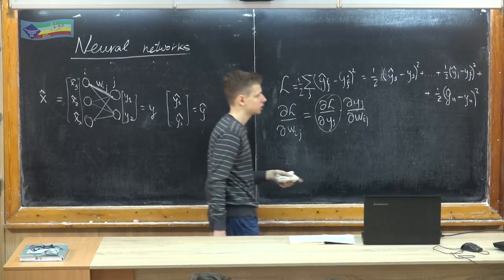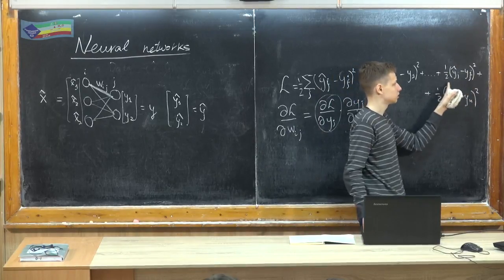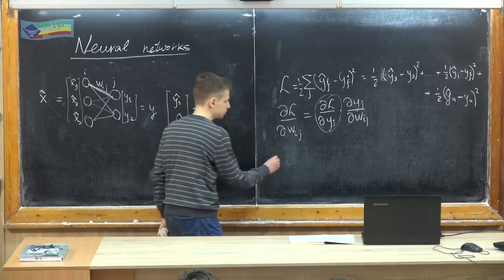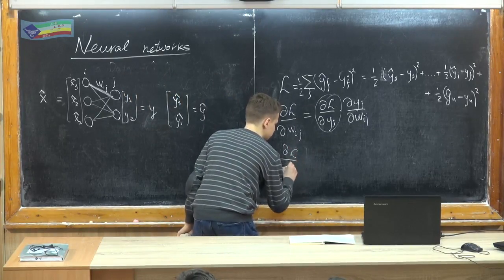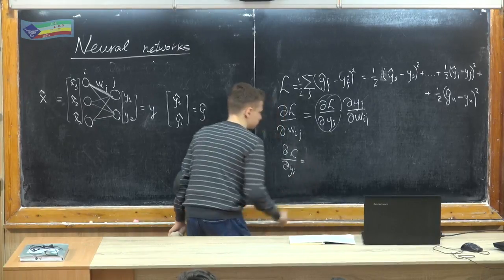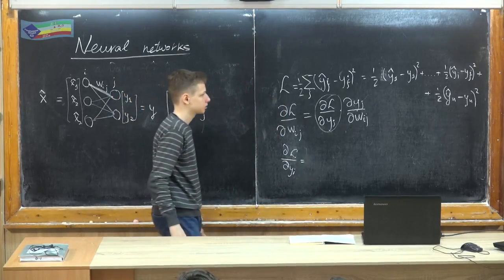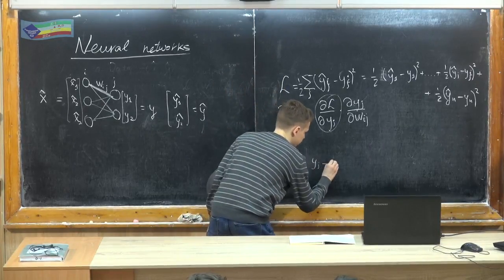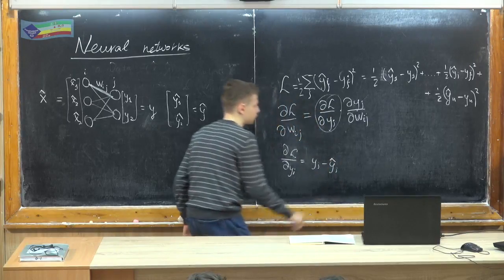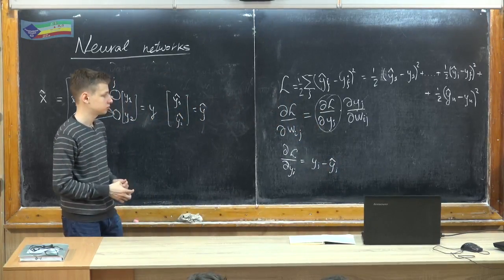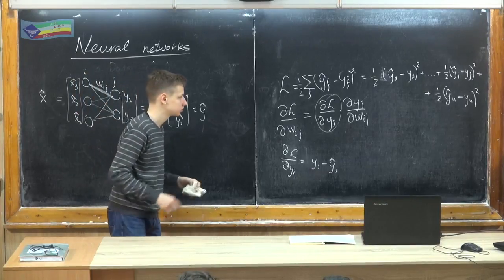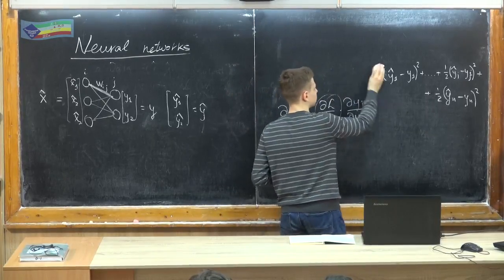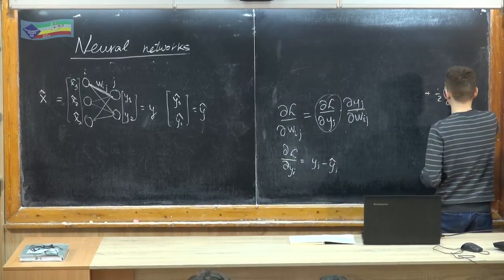That means we only differentiate this simple expression, and then we get exactly this partial derivative. This is going to be just yj minus the desired output. So that's the first one that we want to keep.